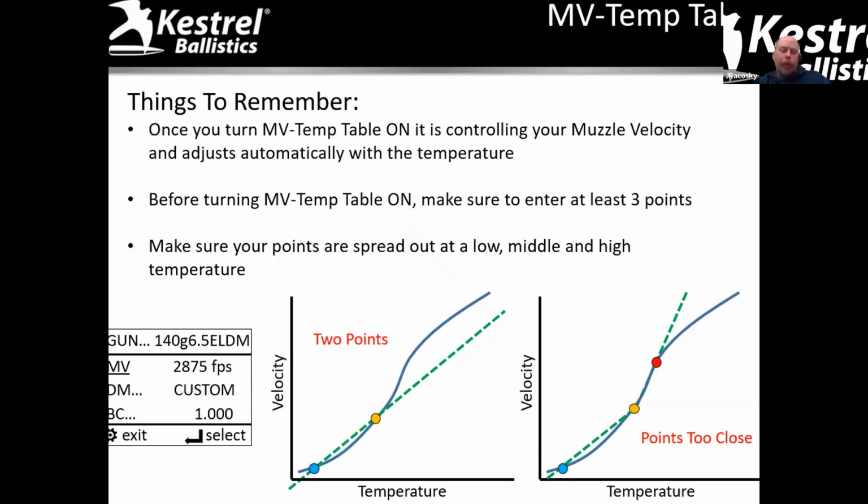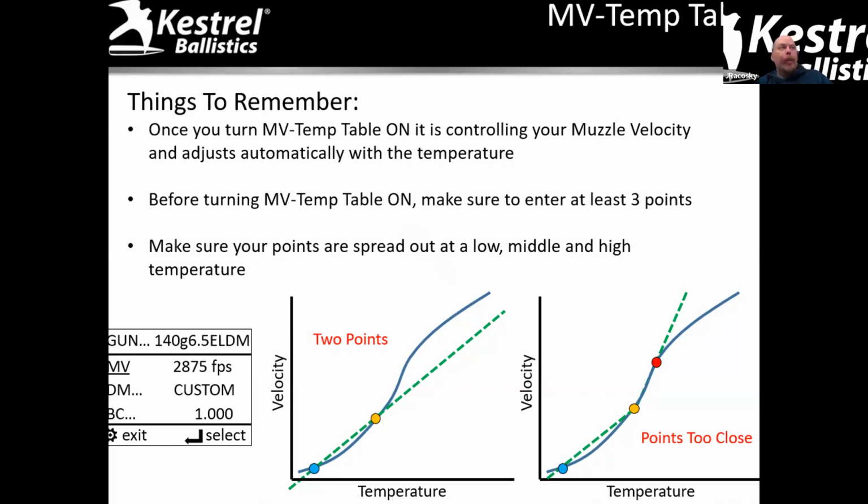Turn on your MV temp table, go down to environment, lock it, and change your temperature to what your chamber temperature is. So if it's 110 degrees in the chamber, make it 110 degrees. That'll change your muzzle velocity to match that chamber temperature.